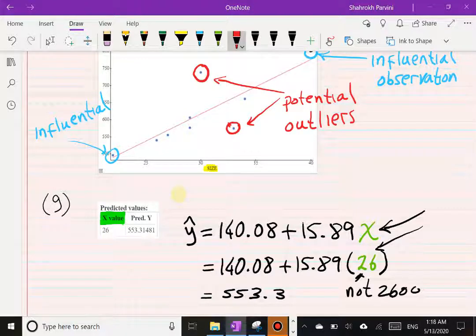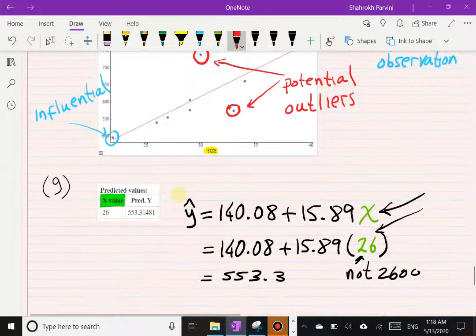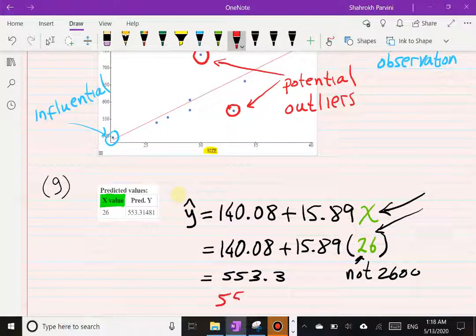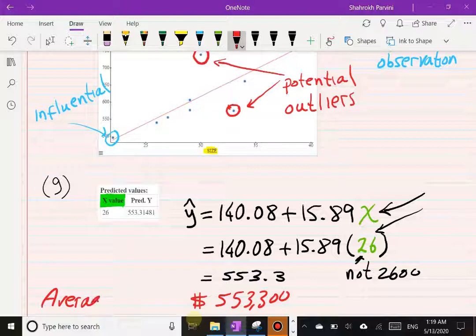And what is this value? This is actually $553,300. Remember, you put three zeros after that, and that's what that is. So you would expect to pay, and let me emphasize, this is the average selling price.